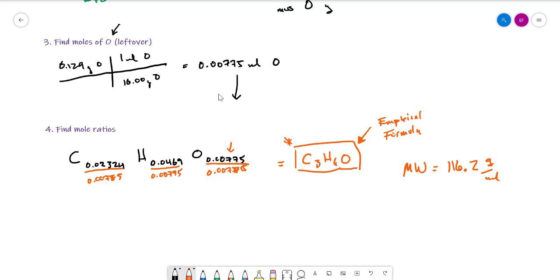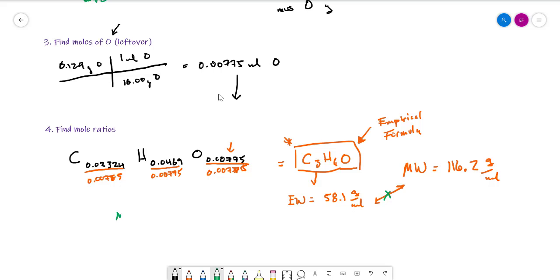So if we look at the mass of this, we called that earlier the empirical weight. We can add up 3 times 12 plus 6 times 1 plus 16. That'll give us the total molecular weight, or the empirical weight of this compound, which gives us roughly 58.1 grams per mole. So these two things are not the same. That means this empirical formula is not the same as the molecular formula.